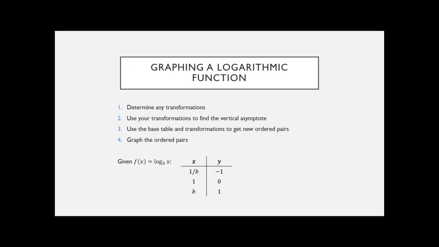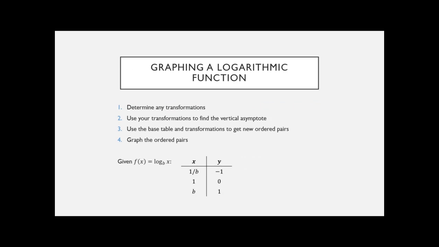Then, I say, use the base table and transformations to get new ordered pairs. So I take this existing table, which is for the base logarithmic function, the basic one. If you want to say the family, we have parent functions. This would be the parent function for a logarithmic function.